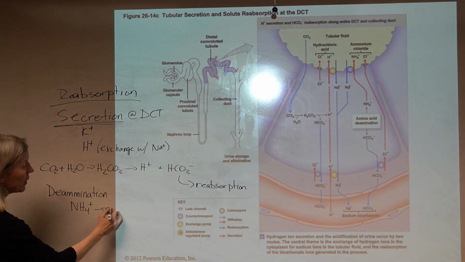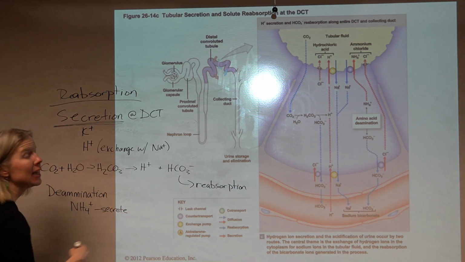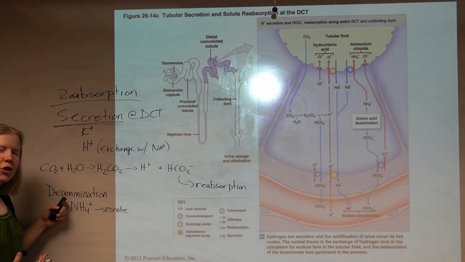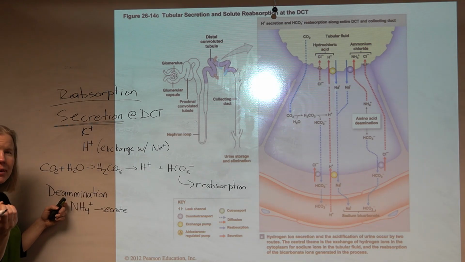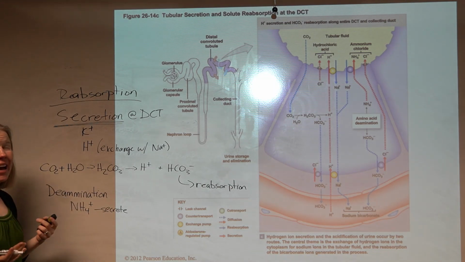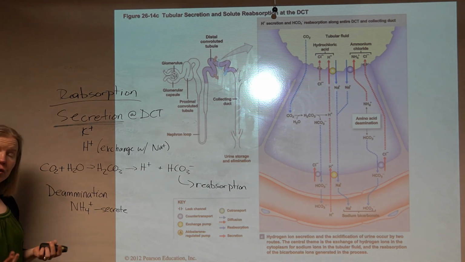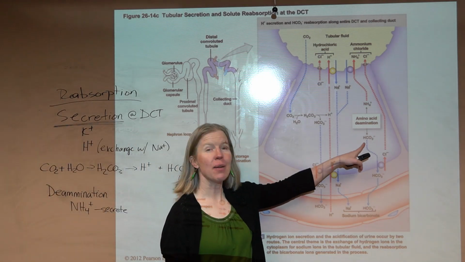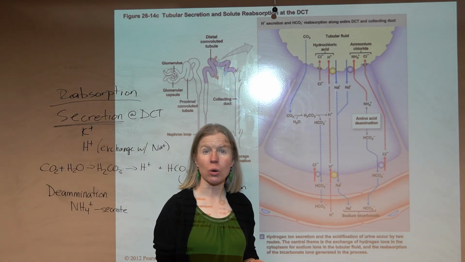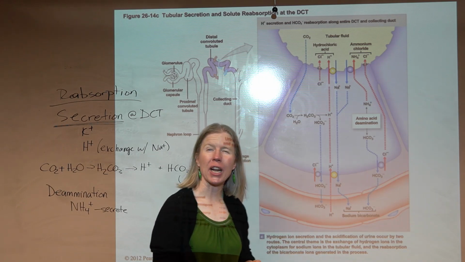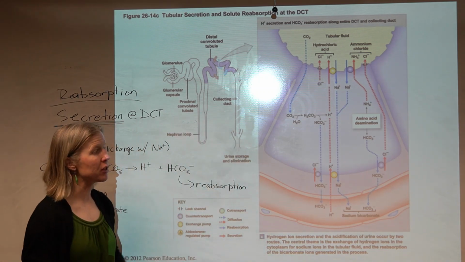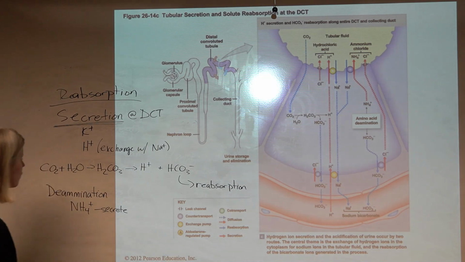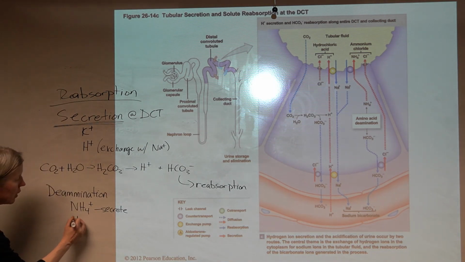And we can go ahead and just secrete that into the urine. Remember, we're doing deamination, we're removing that amine group essentially to turn amino acids into some sort of fuel source. Another nifty byproduct of that is that through deamination we also make more bicarbonate. We increase the buffers essentially in the bloodstream as a byproduct.